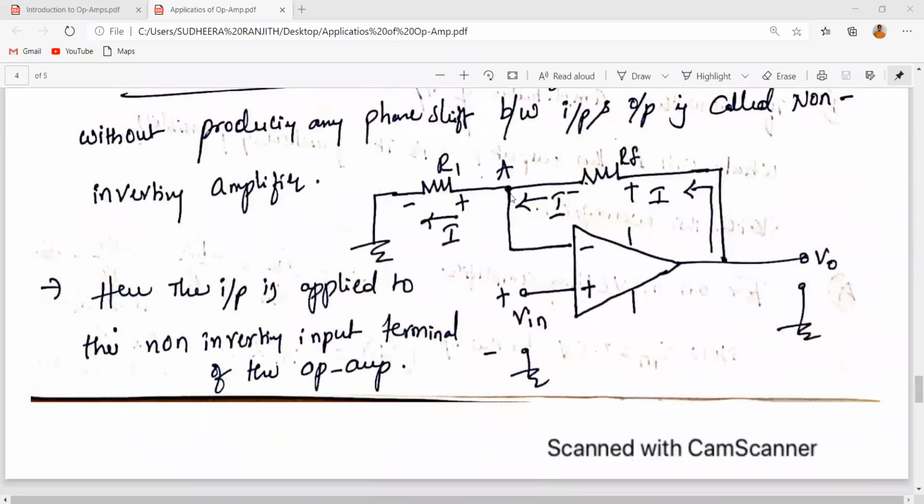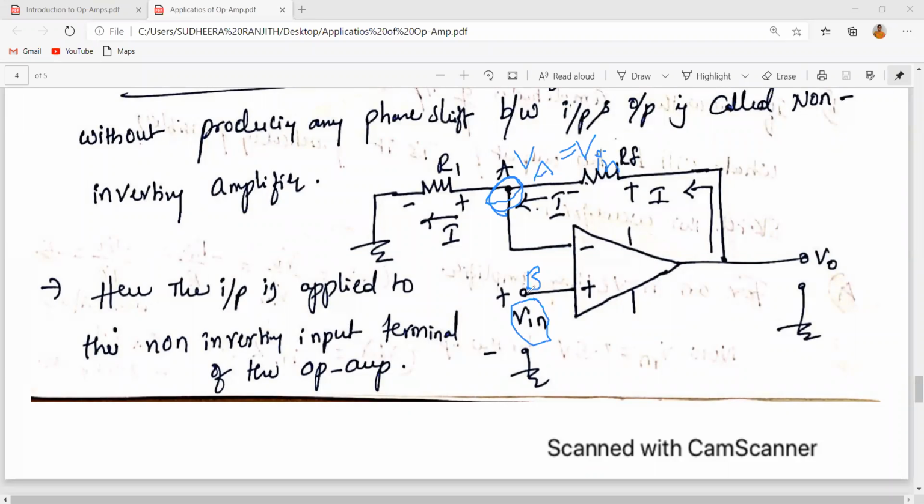If this node is A and this node is B, what is VB? It becomes Vn. From the concept of virtual ground, what is VA? It is also Vn. So VA equals Vn.